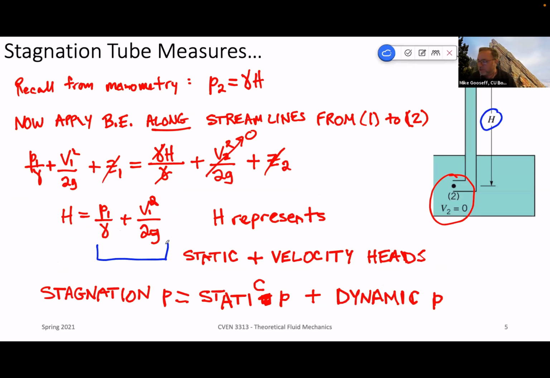No, that's right. This is V1 squared over 2G, the velocity away from the opening here. So that's somewhere upstream. And P1 is also the pressure head that's further upstream as well. Okay, so our static and velocity heads essentially add up here, and both of these add up to the total rise that we have inside of a stagnation tube. All right, okay.